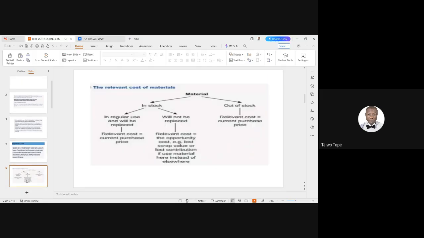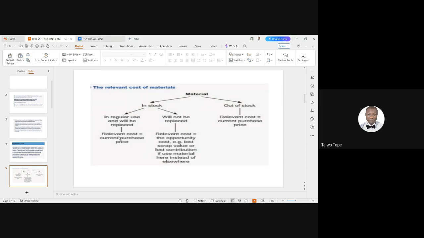We're going to see this in a better way when we start talking about material costs, labor costs, and the rest of it. In talking about the relevant cost of material, please follow this very well.